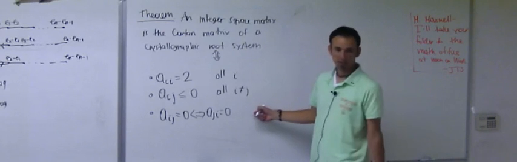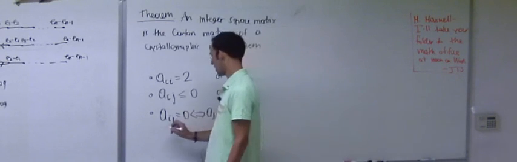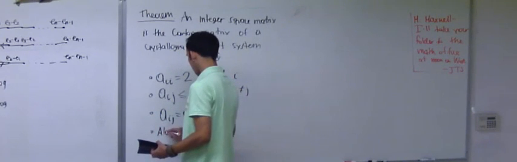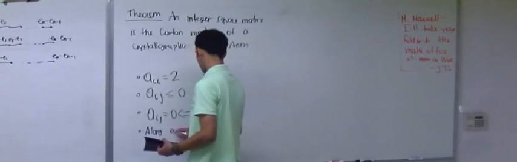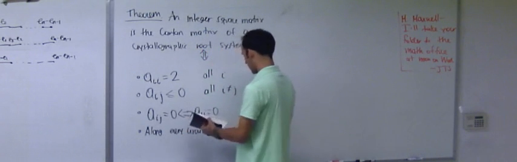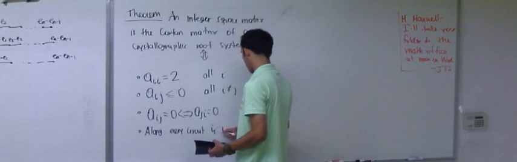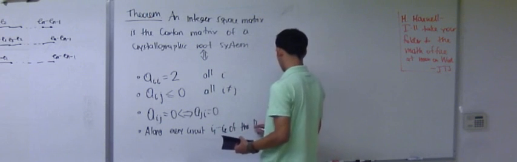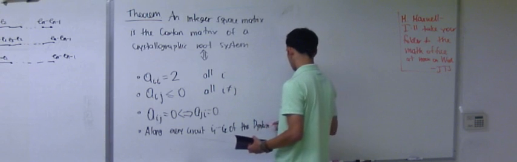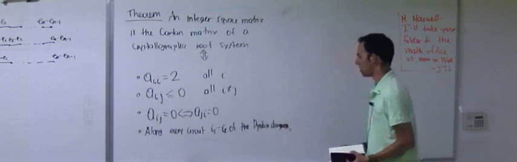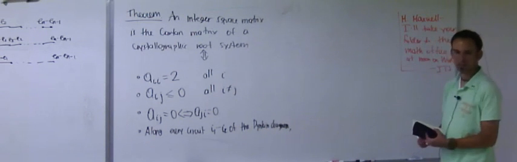I told you this was not enough. We're missing just one condition. And this is the last condition. It's the following. Along every circuit, let's call it I1 up to IK of the Dynkin diagram, we have to have a certain relation.